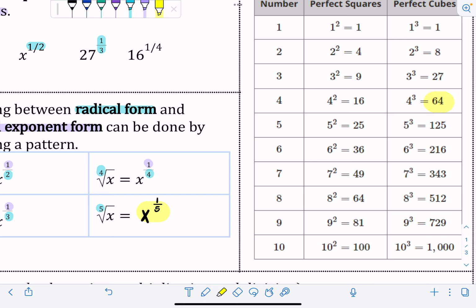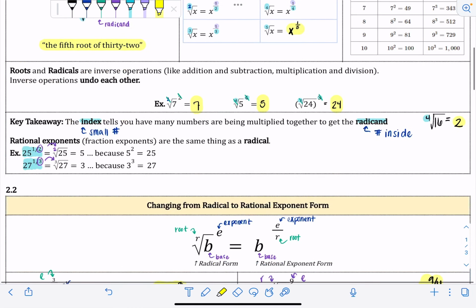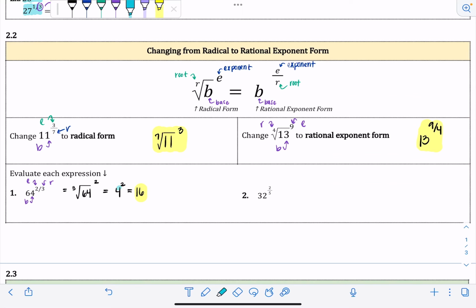So 3rd roots will go with perfect cubes and square roots will go with perfect squares. Because 4 cubed is 64, the cube root of 64 would be 4. So that's where our 4 came from, and then you could even find 4 squared on the table if you wanted to, but if not, it's just 4 times 4, so 16.